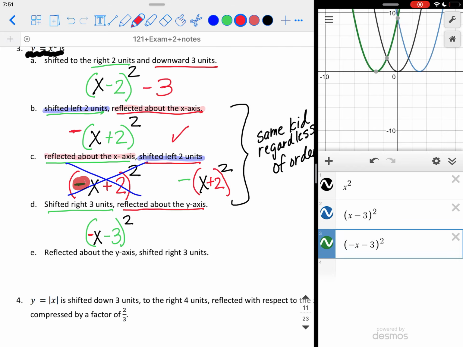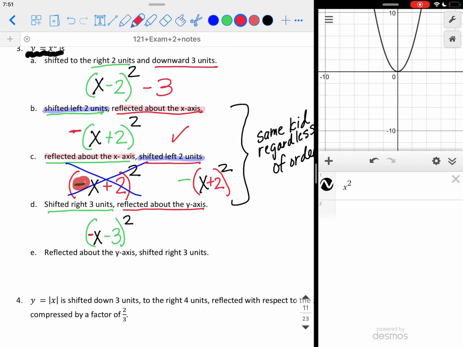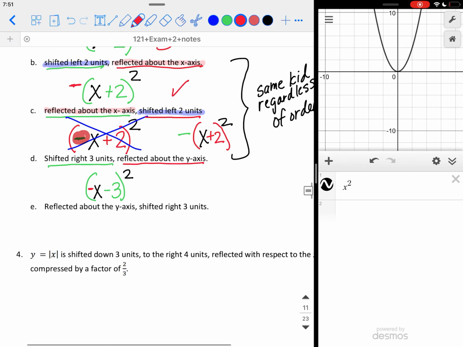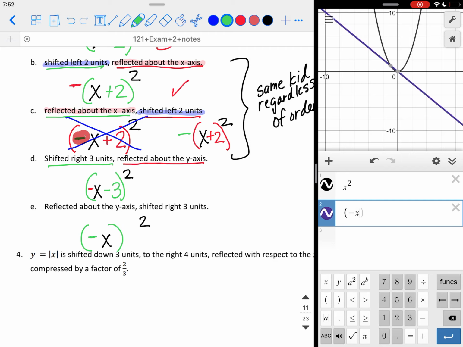So there it is. Now let's have this last one here. It says reflected, so the same parent. We start off with a parent. Again, the squared is not a transformation. Reflected about the y-axis: if I'm going to reflect it about the y-axis, the negative needs to be on the inside. So how am I going to show negative on the inside? I do this right here. Parentheses negative x, close it, and then I'm going to square it.